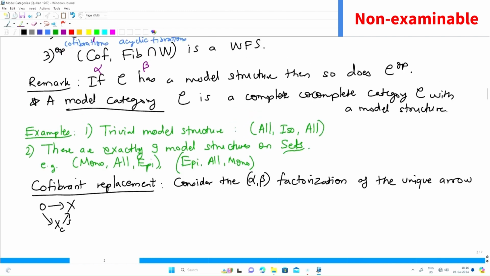Alpha is a cofibration and beta is an acyclic fibration. So this Xc is the middle object. So you have a functorial factorization. So X mapping to Xc is the cofibrant replacement functor.